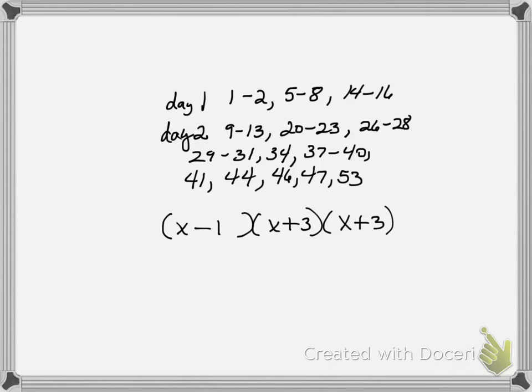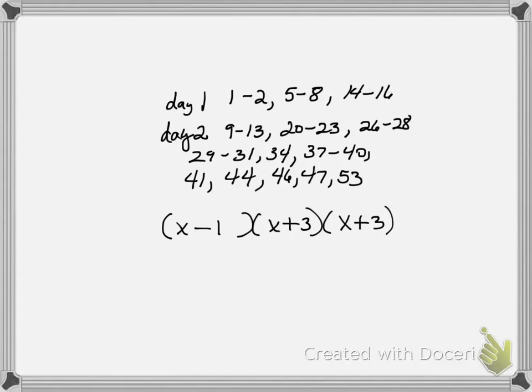So on 29 through 31, you could try different options, and then once you find one, you can take your depressed polynomial and factor using the quadratic formula or by factoring.